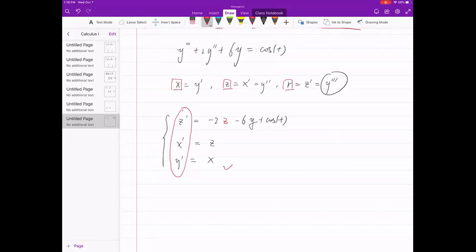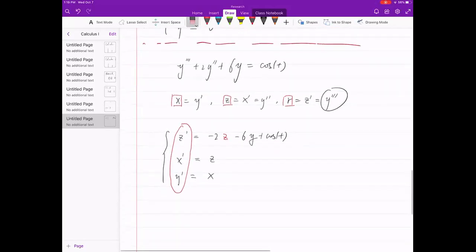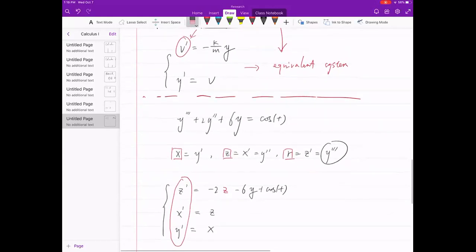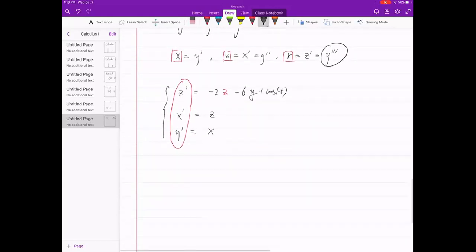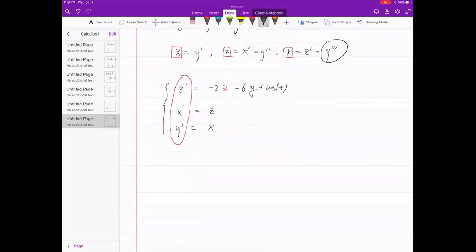One for the first derivative, one for the second derivative, one for the third derivative. And you created these by yourself. All right, so from now on, every time you see a higher order equation, you always have the possibility to change it to a system. Then you are only handling first order. That's the second necessity of how to do this.